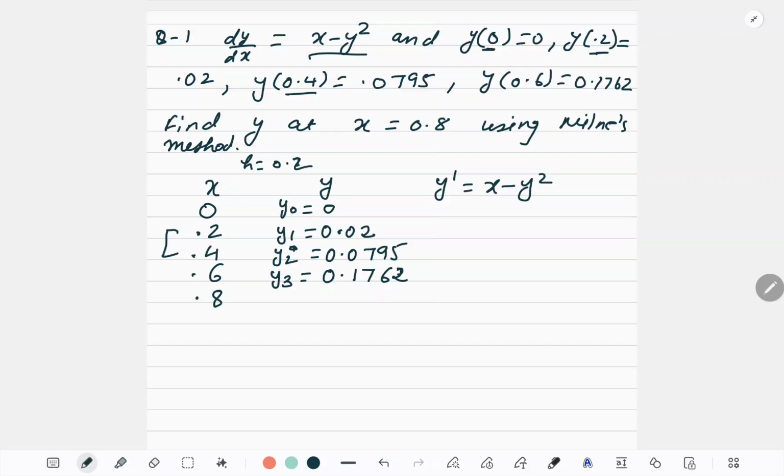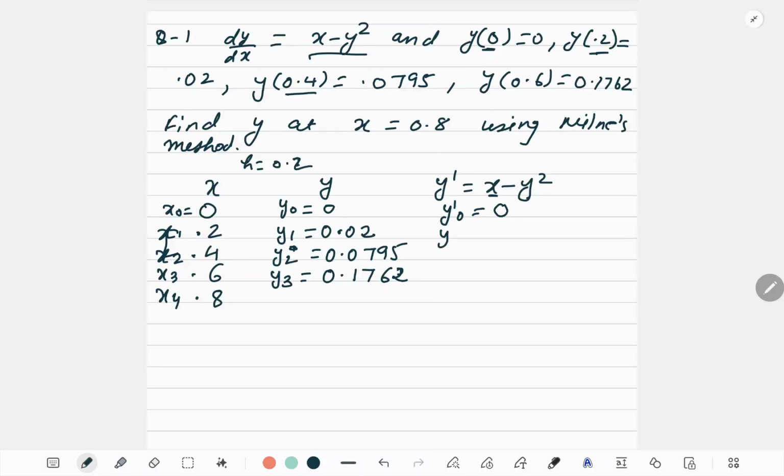You have to find y dash. These values are x0, x1, x2, x3, x4. Now the first y dash means y0 dash. So in place of x I will put 0 and in place of y also I will put 0. So I will get 0.